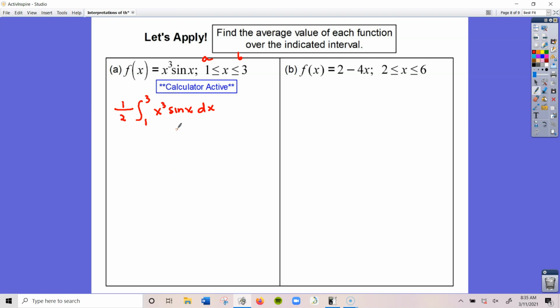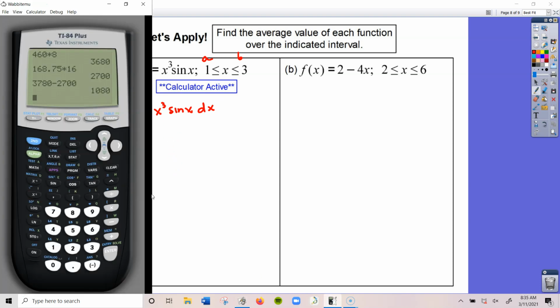I can put this in my calculator. I'm going to clear this out. It's x to the third times sine of x. I'm going to adjust my window to reflect that interval, which is 1 to 3. And let's graph.